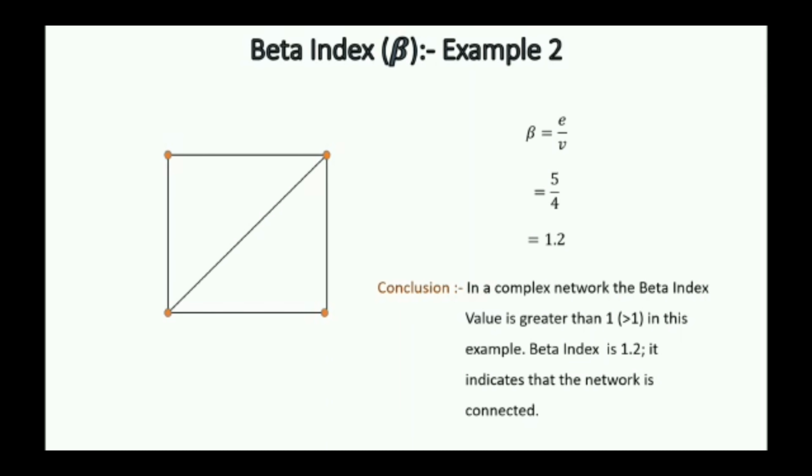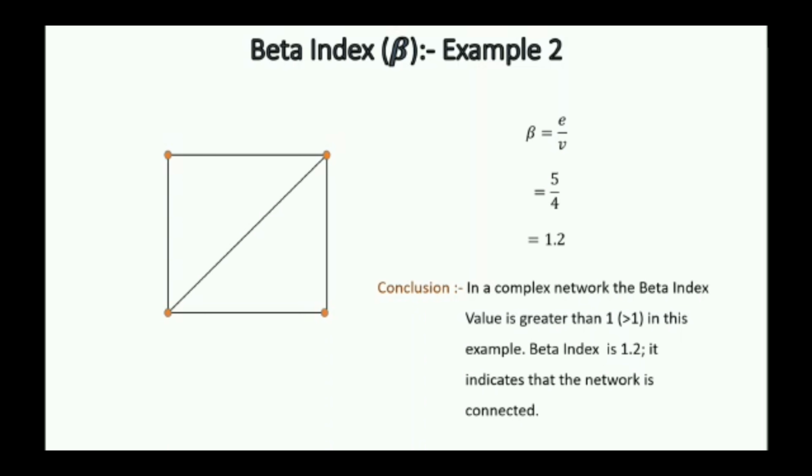Now we will see the second example of beta index. The diagram shows there are 5 edges and 4 vertices or nodes or points. We put these numbers in the formula, that is 5 divided by 4 and the answer is 1.2.